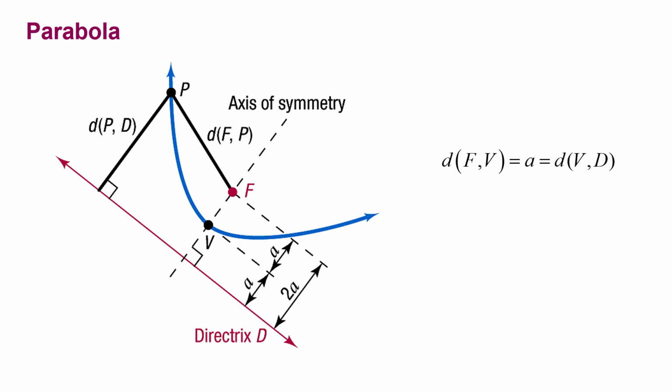In other words, the distance from the focus to the vertex must equal the distance from the vertex to the directrix. Therefore, the vertex is midway between the focus and directrix. We let the number a represent the distance from the focus to the vertex, where a is positive.